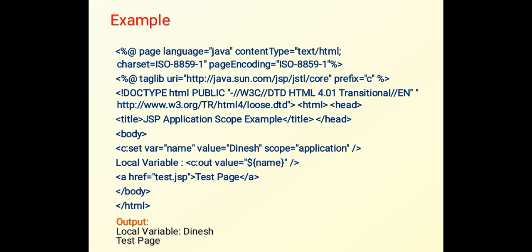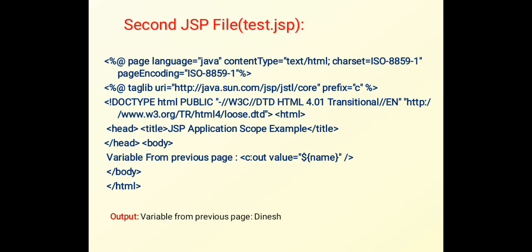If we click on test page, we go to the next file test.jsp. On test.jsp, we have again displayed the value of the variable name. The output of this file is "variable from previous page Dinesh". It means it is displaying the value of that variable.